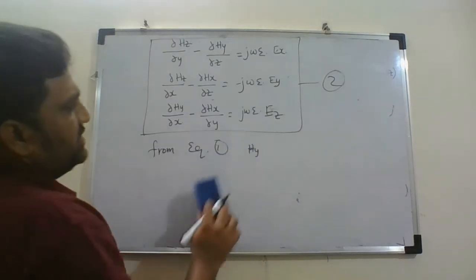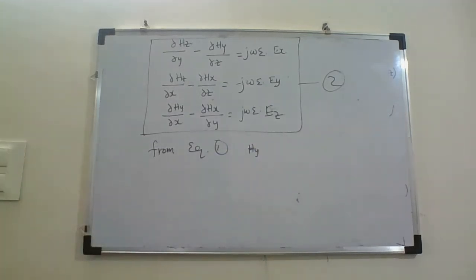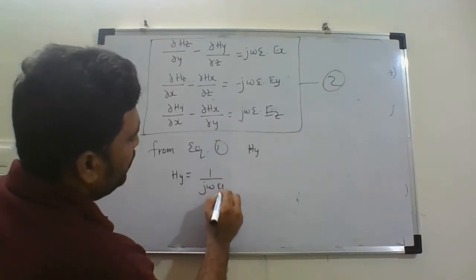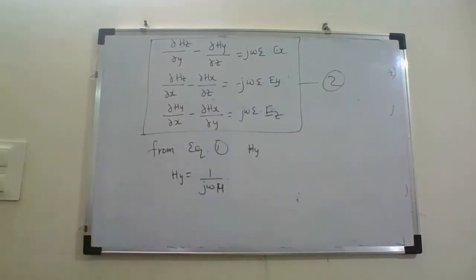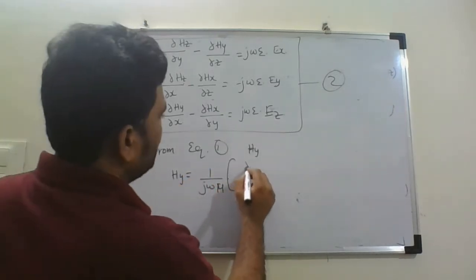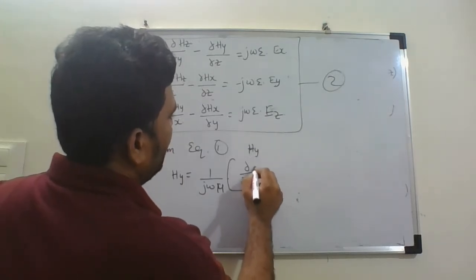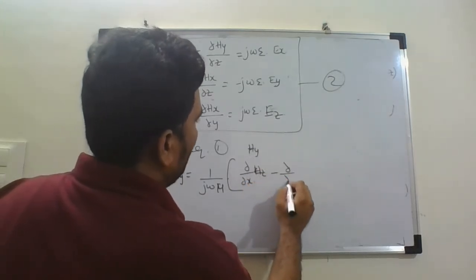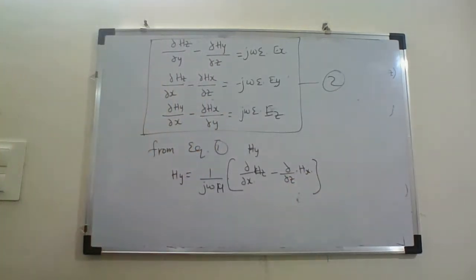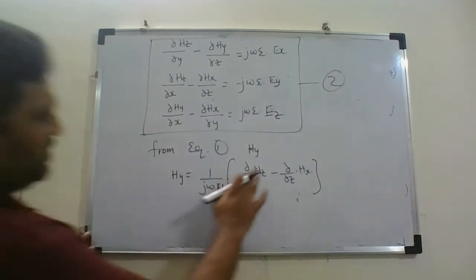Looking at the second equation of equation 1, Hy is equal to 1 by jωμ into ∂/∂x of Ez minus ∂/∂z of Ex.